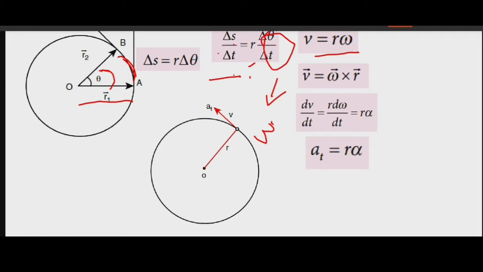Differentiating the above equation with respect to time, since r is constant, dv by dt is equal to r d omega by dt is equal to r alpha. Here dv by dt is the tangential acceleration, denoted as at, and d omega by dt is the angular acceleration alpha. Then the equation becomes at is equal to r alpha.